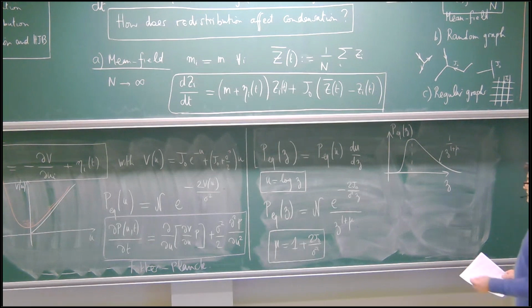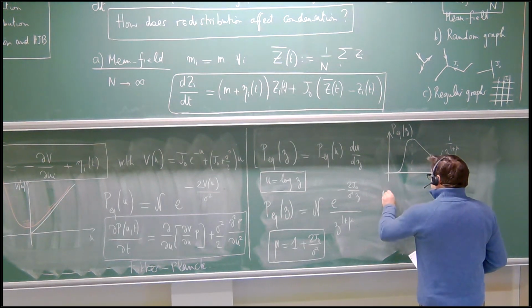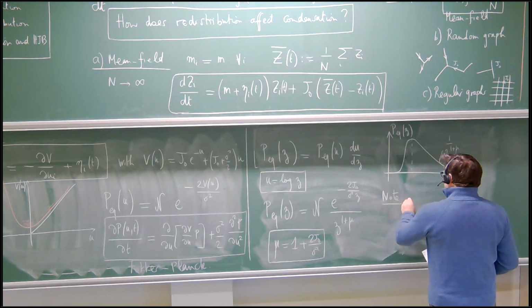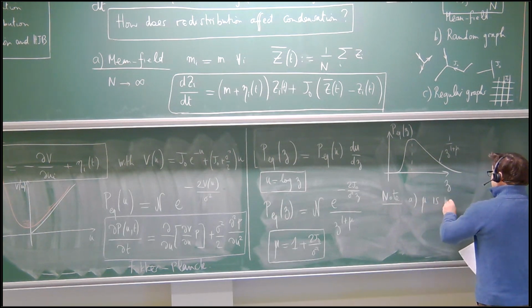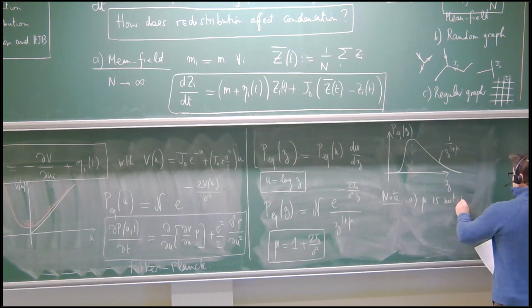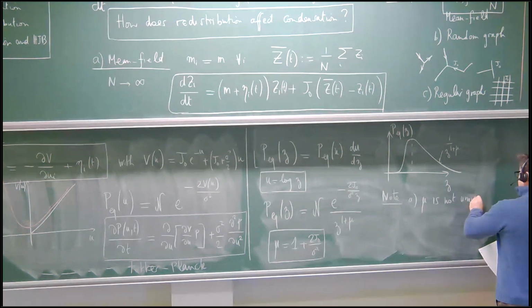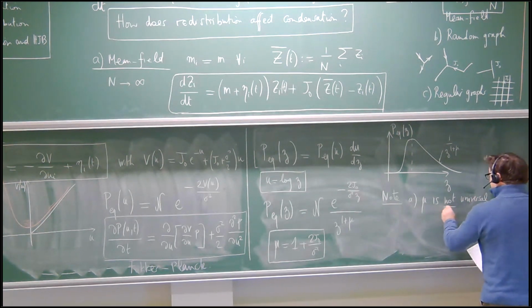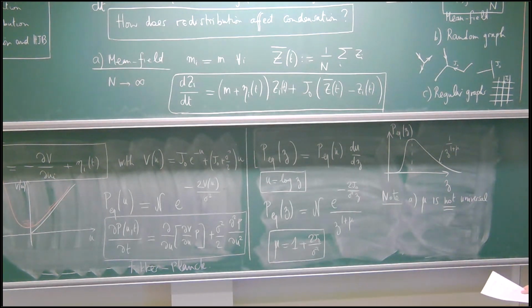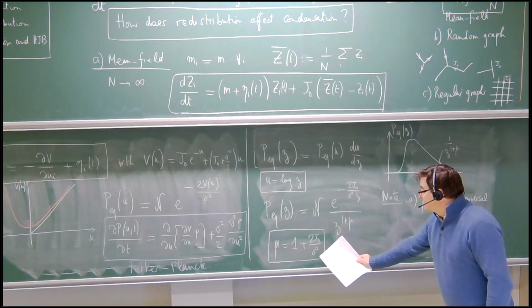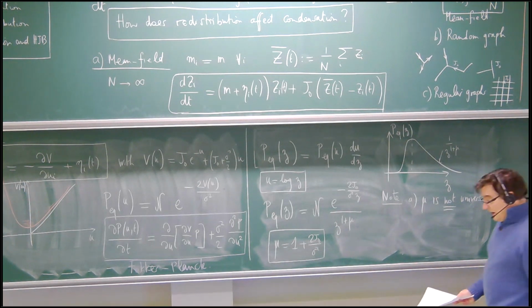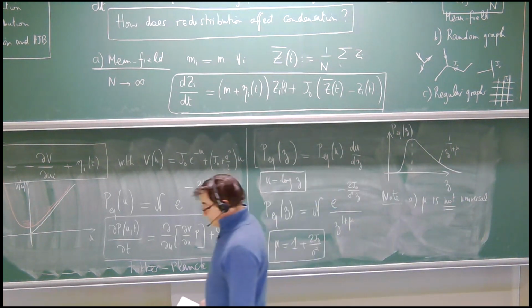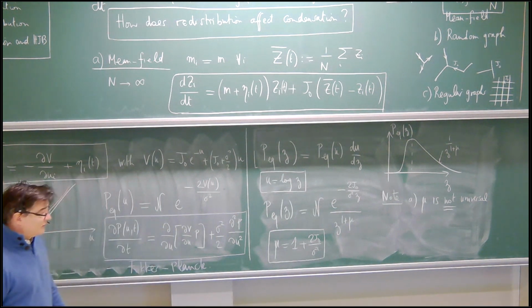Note that mu is not universal. So we have a power law that's continuously dependent on the value of the parameters. And this is a model that leads to non-universal power laws.